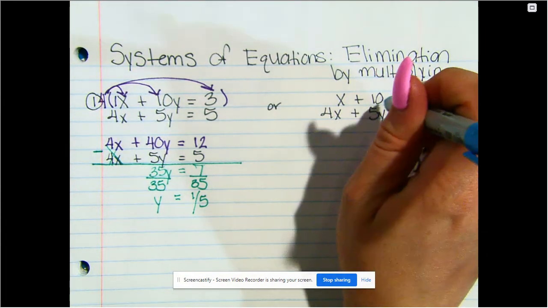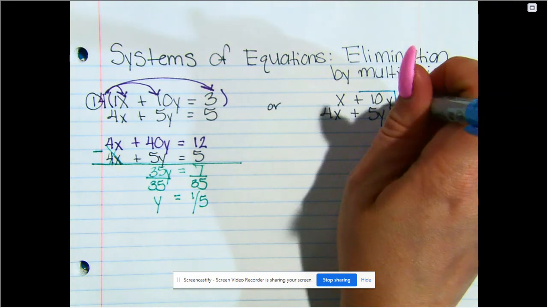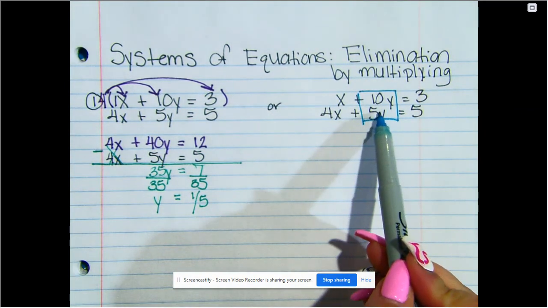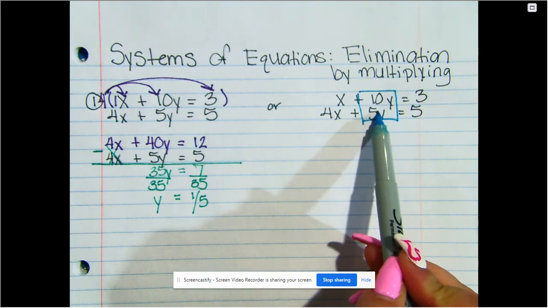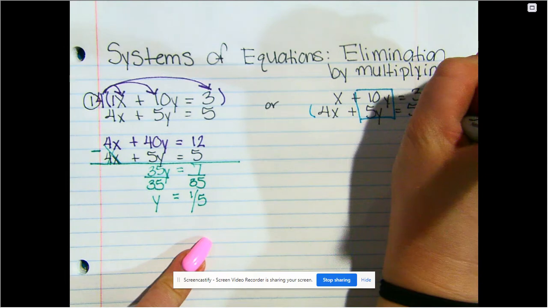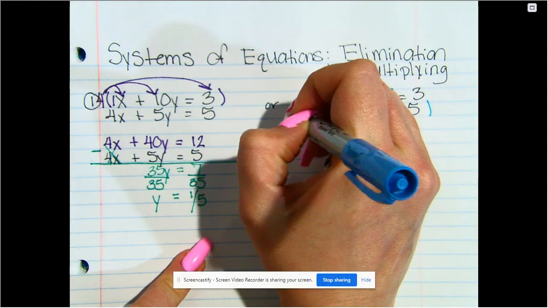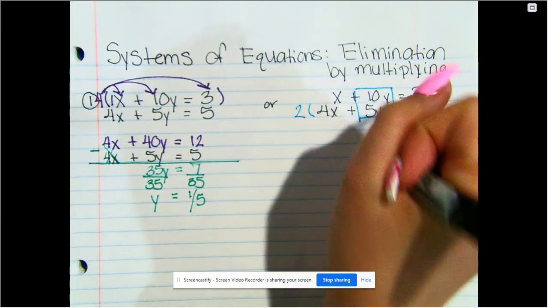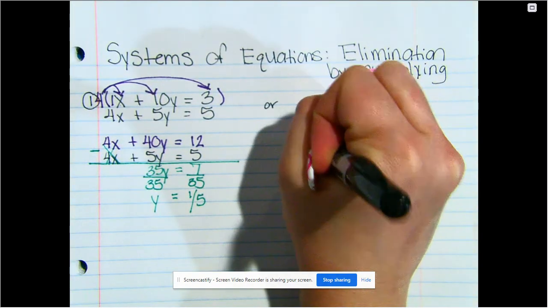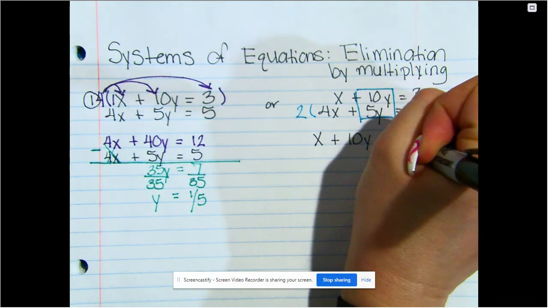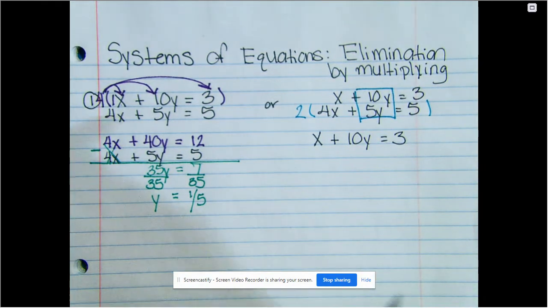If I was to eliminate my y's here, I know that I can multiply 5 by 2 to get 10. So I'm going to multiply my second equation by 2, and I'm going to leave the first one alone.